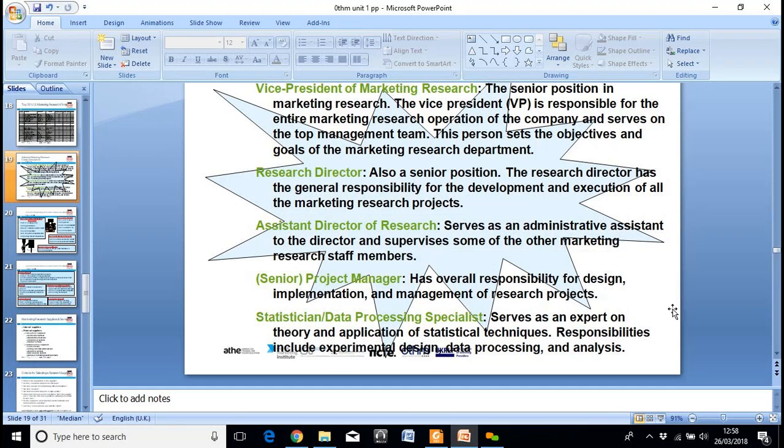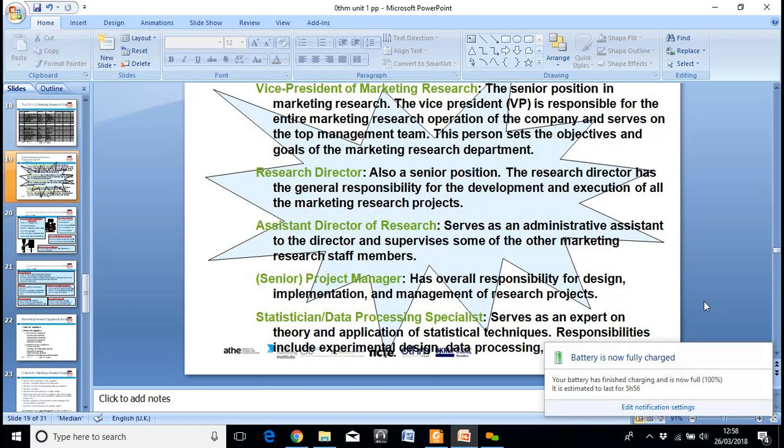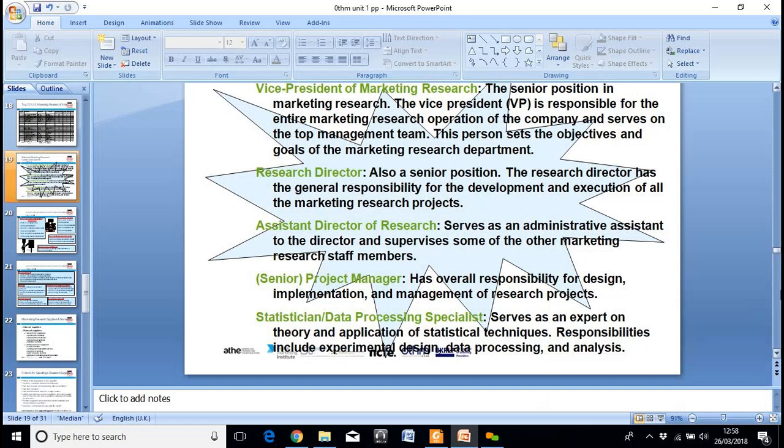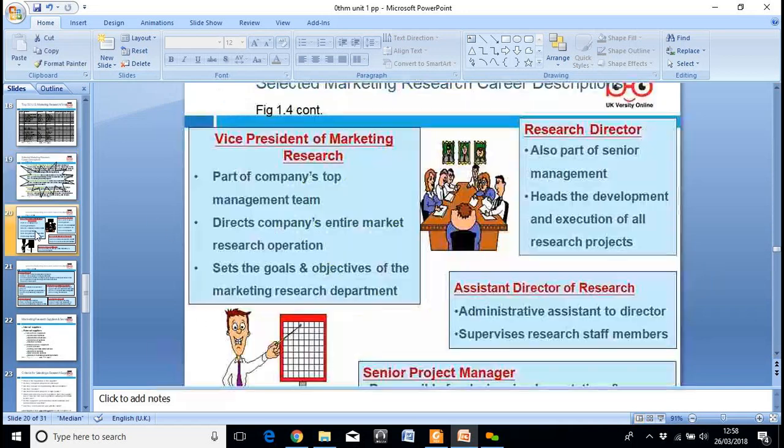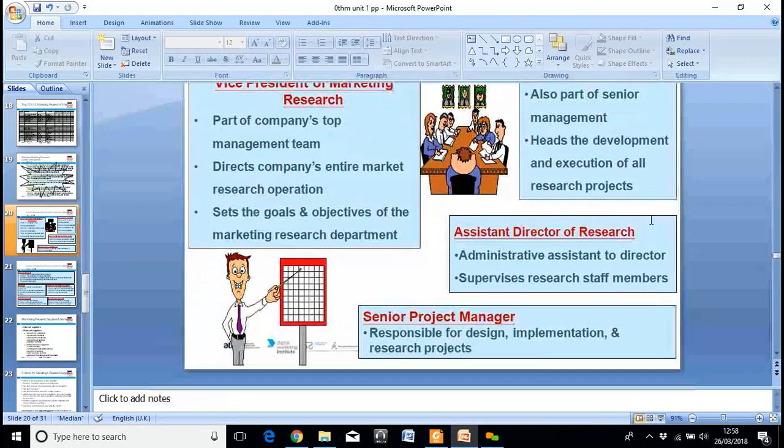And the statistician, he will cover all the data collection and how it's processed. Nowadays, that's somebody with a good grip on IT processes. Just to highlight those, it's again VP, part of the company's top management team. Again, also senior management, development and execution of projects.